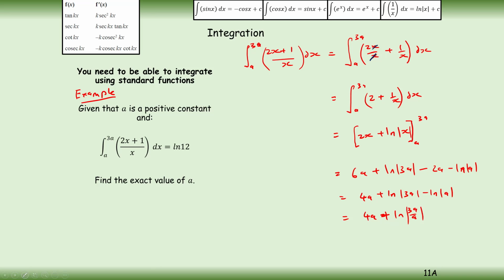I can cancel my a's. So that's equal to 4a plus log of 3.